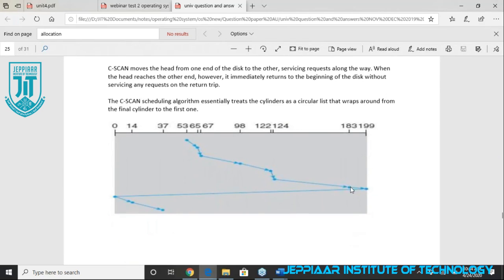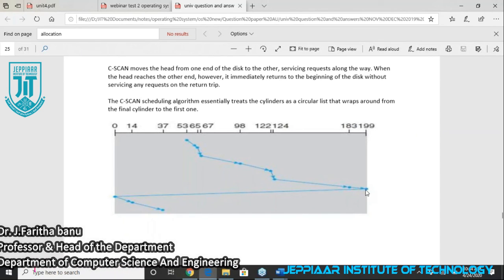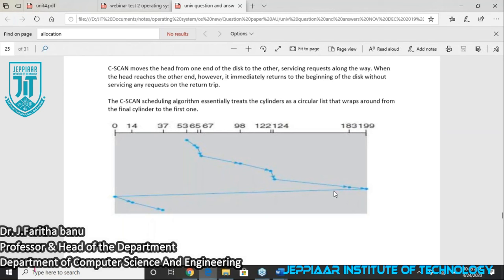So immediately after 183, I'm going to reverse the direction. In reverse, I will not service. In reverse alone, you have to touch 0 because you have to check whether anything is there. So from 183 immediately you reverse the direction, you should not go to 199. From 183, reverse the direction, go to 0, then 14 and 37. Okay, so the only difference is this one. From 183, immediately you are changing, and in reverse you don't service. Okay, that is what the C-look algorithm is.